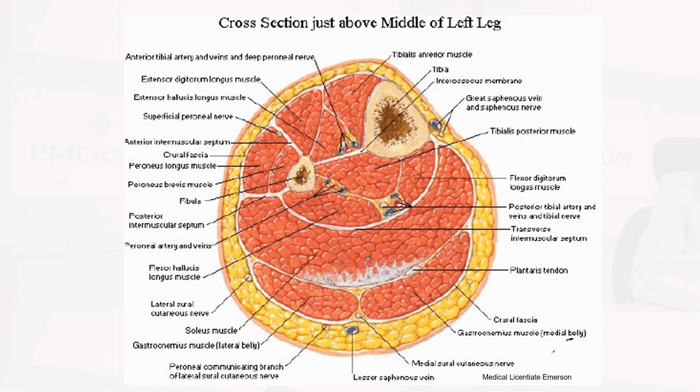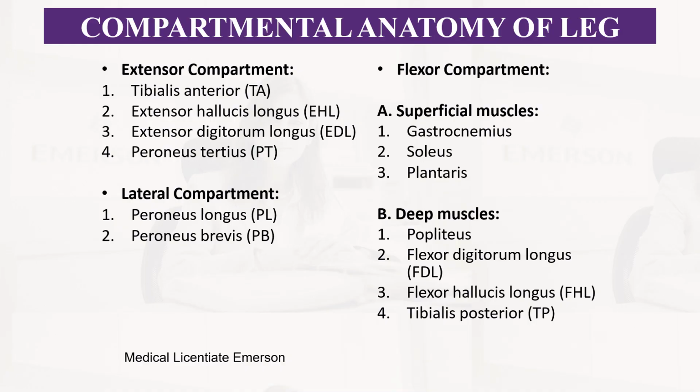This is a cross section of the muscles in the middle of the leg. This is the tibia and this is the fibula. So, compartments in the leg, in terms of the muscles.